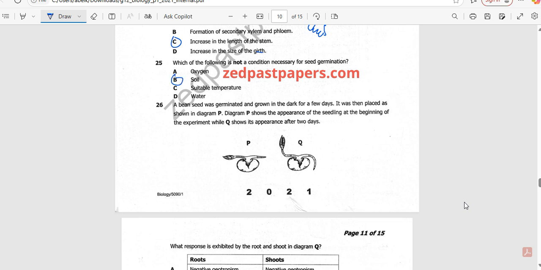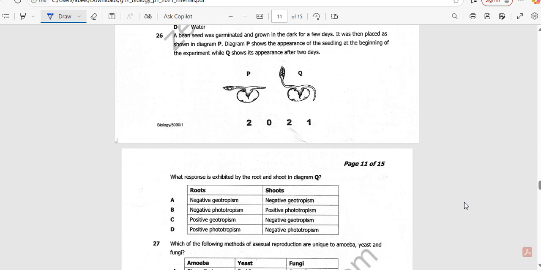A bean seed was germinated and grown in the dark for a few days. It was then placed as shown in diagram P. Diagram P shows the appearance of the seedling at the beginning of the experiment. For such kinds of questions, just look at the statement, then look at the question. What response is exhibited by the roots and shoot in diagram Q? Root, shoot.